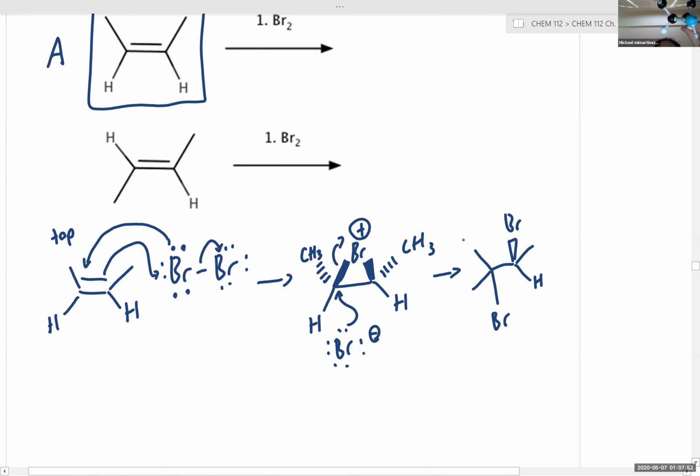We'll worry about dash wedge in a moment. Allow me one moment to rearrange our model to show you the trans addition product if we add at the left carbon.